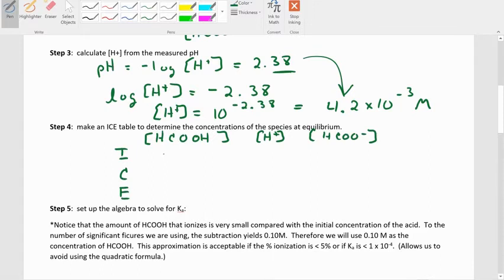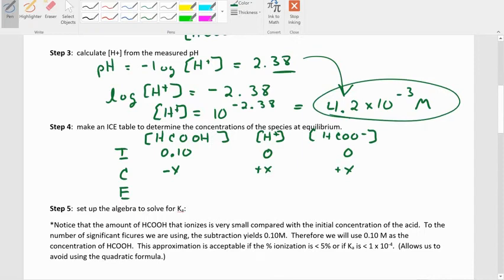So initially, our concentration was 0.1 molar. We didn't have any H plus or any of the formate ion. The change is going to be minus x here, plus x here, and plus x here. Now, according to our calculation, we know that x is equal to 4.2 times 10 to the negative third.